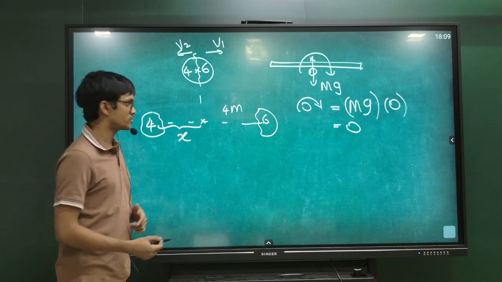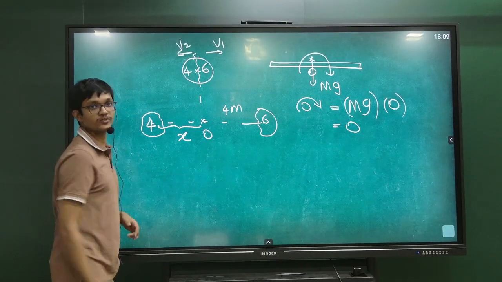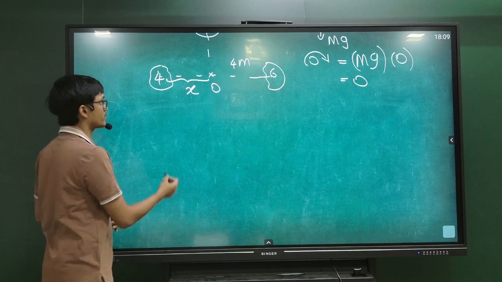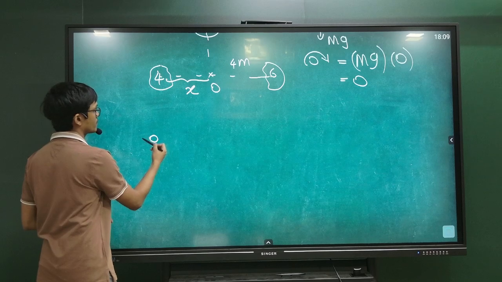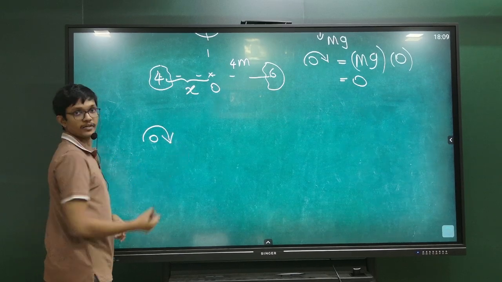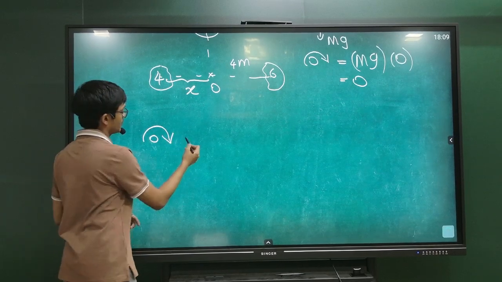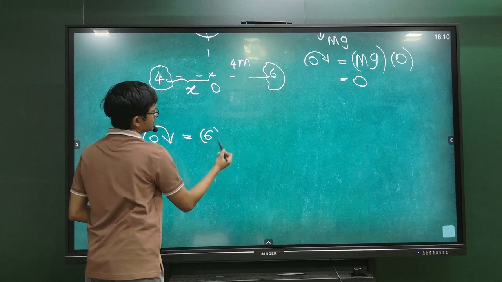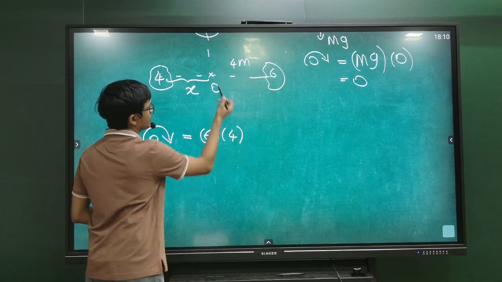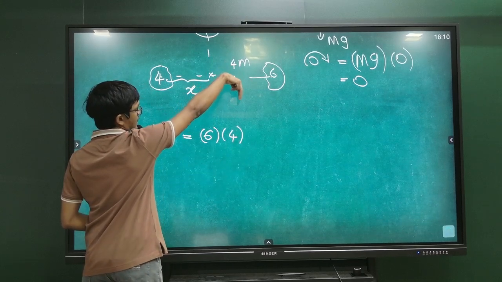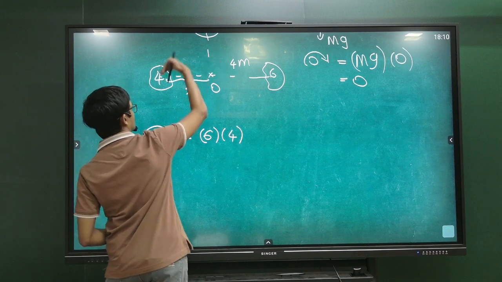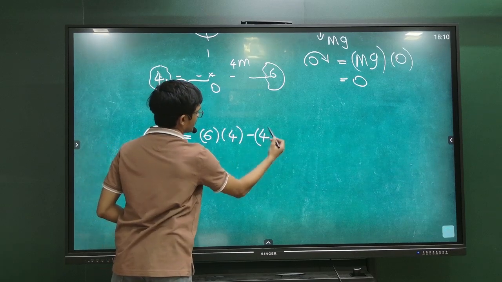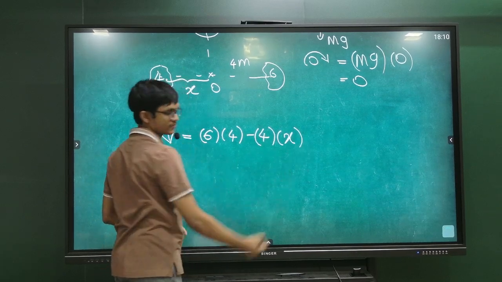Clear? So now I'll consider moments around the center of gravity, around O. I'll take this direction. Now, 6 kilograms into 4 is towards this side. Here 4 kilograms into x is in the opposite direction, so minus 4 kilograms into x.